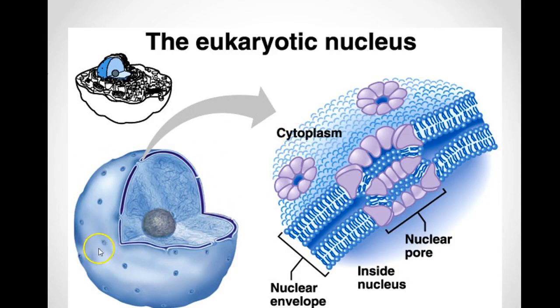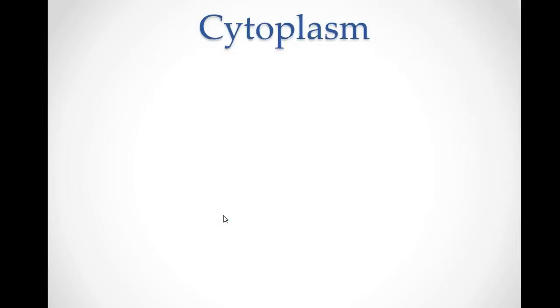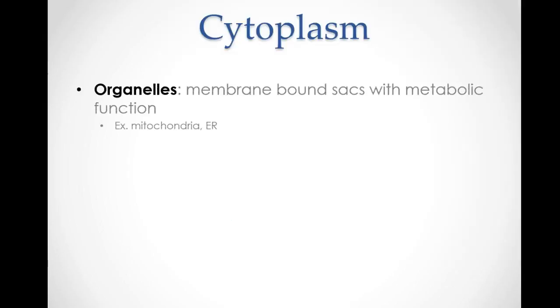So here's our nucleus, with little tiny pores, which again allow only certain things to go in and out of the nucleus. We have more phospholipids creating this membrane once again, so we can tightly control who has access to that genetic information. Surrounding the nucleus happens to be the cytoplasm.